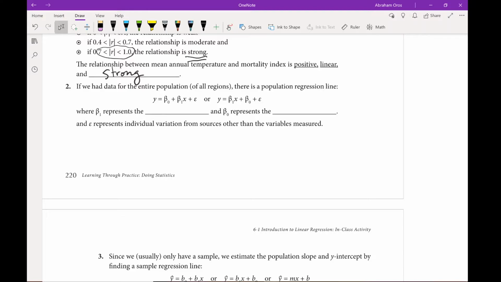Next, if we had the entire population, there is a population regression line, and they give us the formula here. You'll notice that it's very similar to something you've seen in the past, y equals mx plus b, where m was the slope and b was the y-intercept.